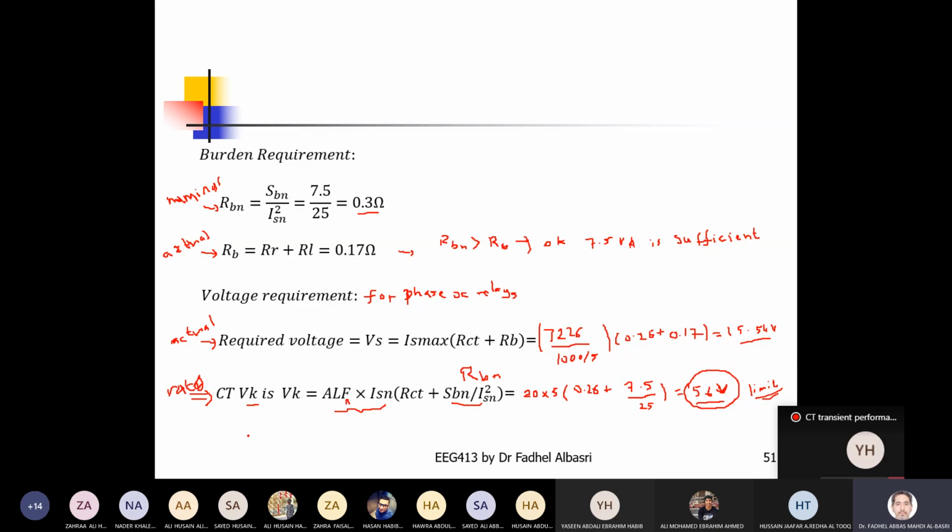Since the nominal voltage class VK is greater than VS, even if it is equal it is fine, but it shouldn't be smaller. Since VK is greater than VS, the CT voltage class is adequate.